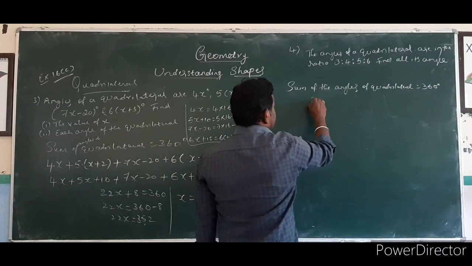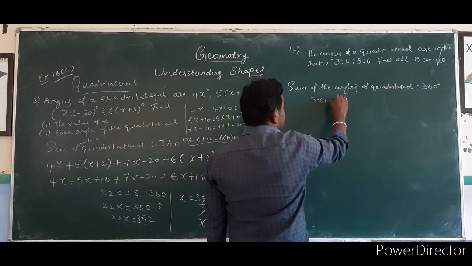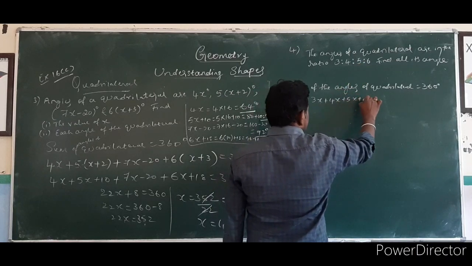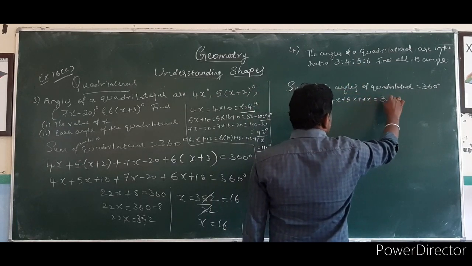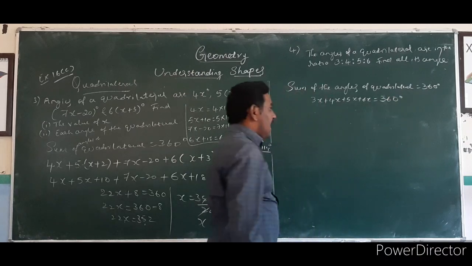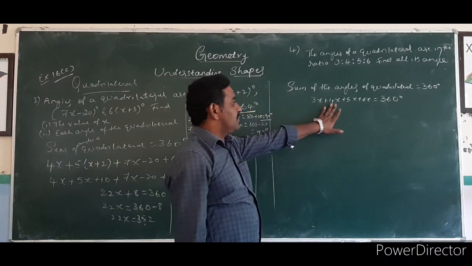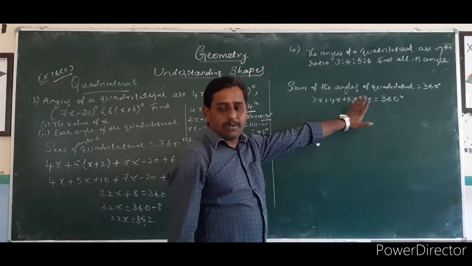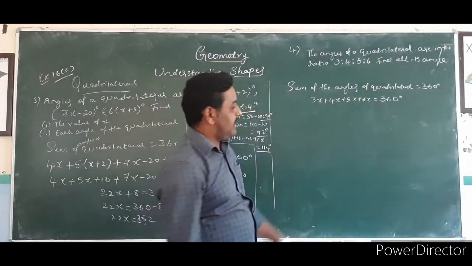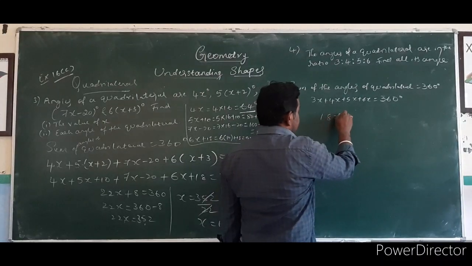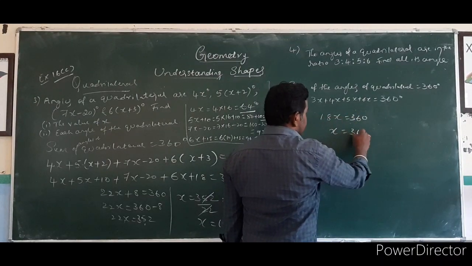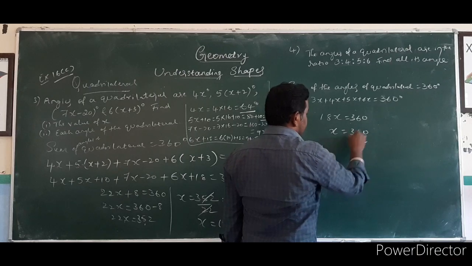The ratio is given, so 3x plus 4x plus 5x plus 6x is equal to 360 degrees. Add all: 3 plus 4 is 7, 7 plus 5 is 12, 12 plus 6 is 18. 18x is equal to 360 degrees. x is equal to 360 divided by 18.